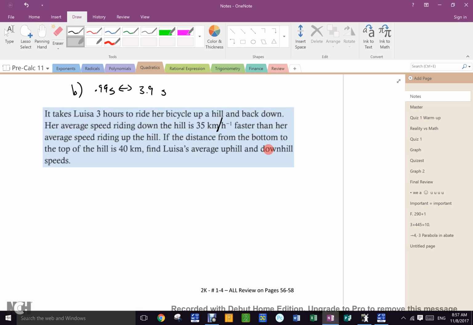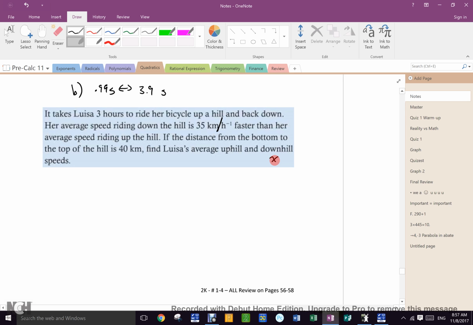Should it be the uphill or the downhill? Or does it matter? Who decides? You decide. Which do you want to make X? You're going to make X the downhill speed? Okay, so that's X. So what is her uphill speed?